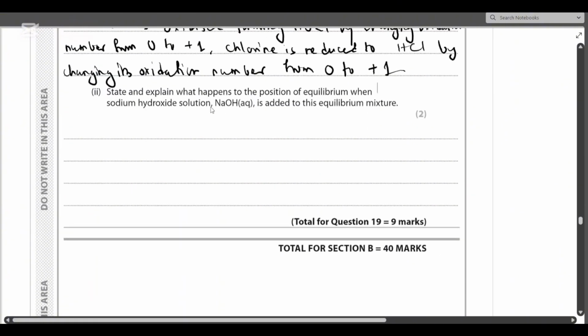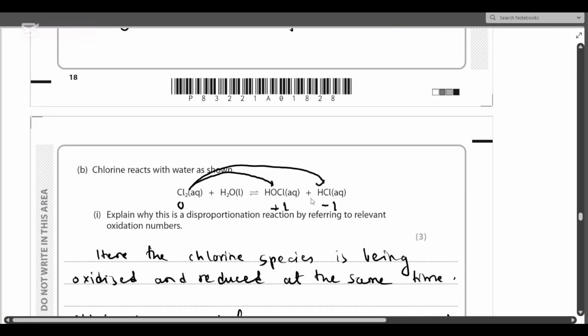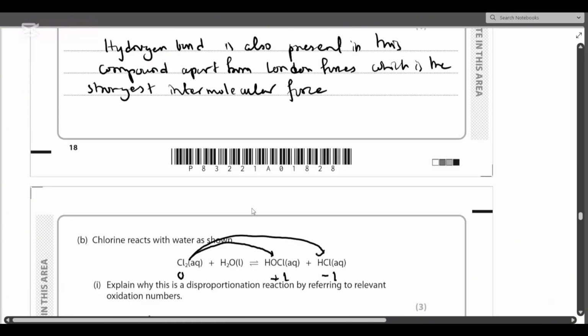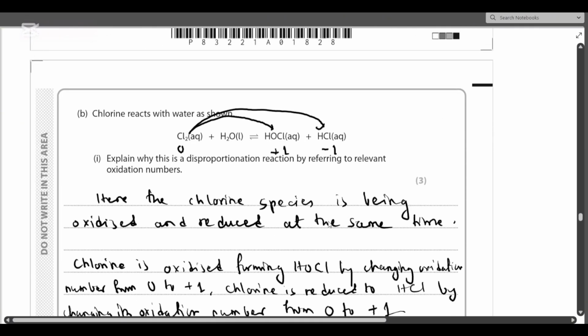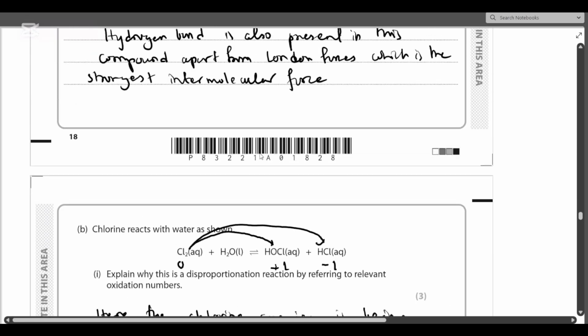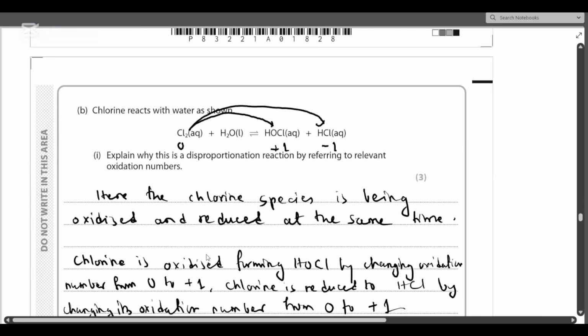Again, state and explain what happens to the position of equilibrium when sodium hydroxide solution is added to this equilibrium mixture. Now, it's pretty simple. The equilibrium is going to shift, obviously, to the right side, because we can clearly see that when sodium hydroxide solution is added, it's going to react with HCl down here.